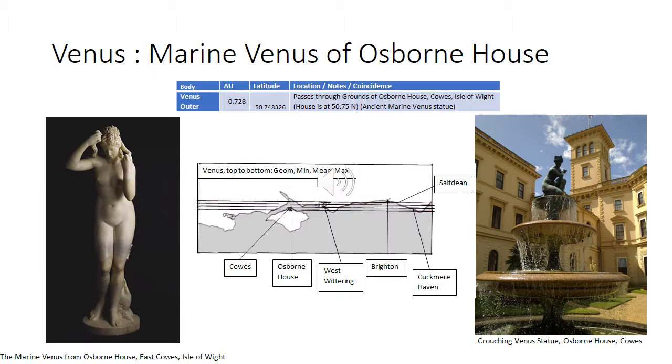Interestingly, it seems to be the dominant theme there. Even, as we see on the left there, one of them being an ancient marble statue of Venus, known here as the Marine Venus. So this is, if you like, the palace of Venus or Aphrodite on the Isle of Wight.